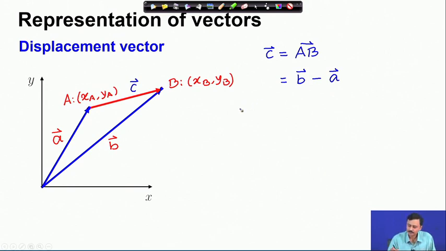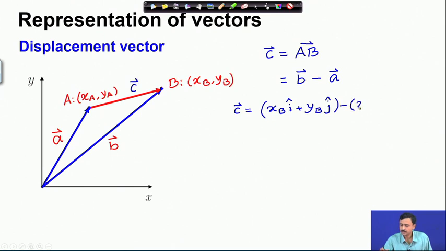Therefore, vector c can be written as x b i cap plus y b j cap minus x a i cap plus y a j cap.